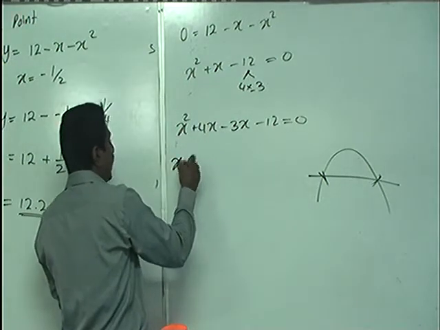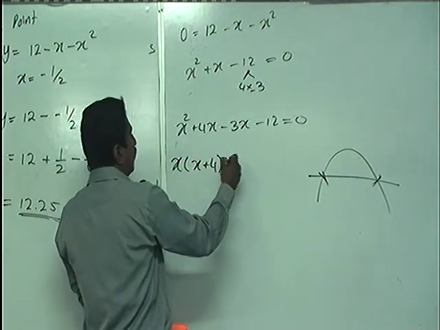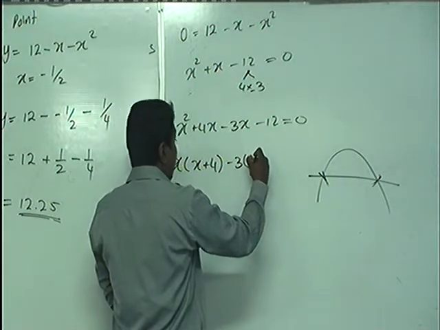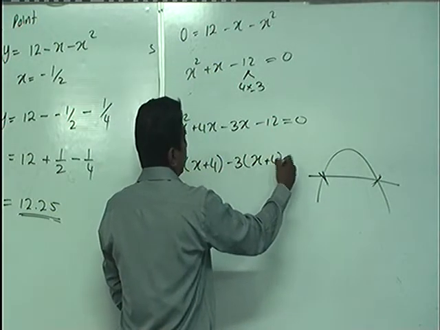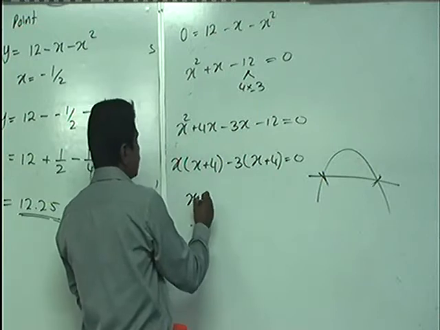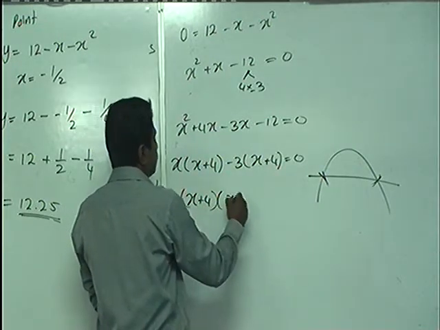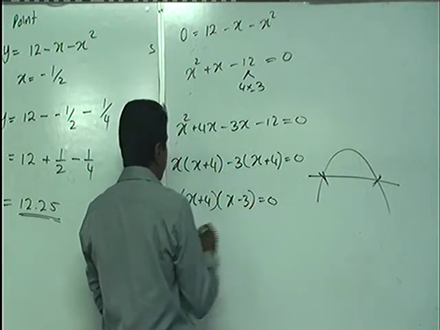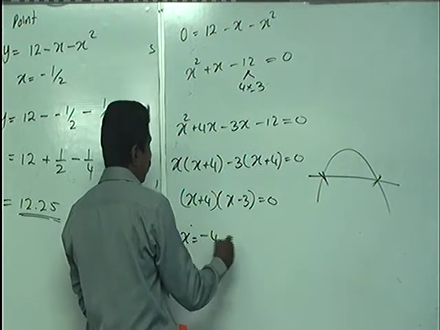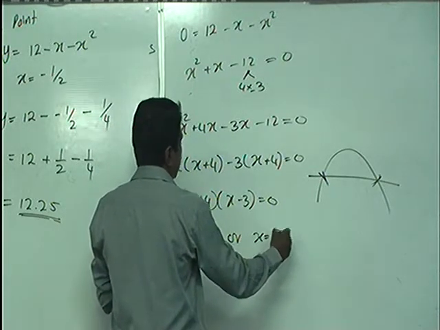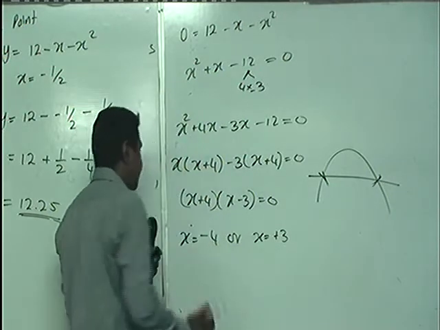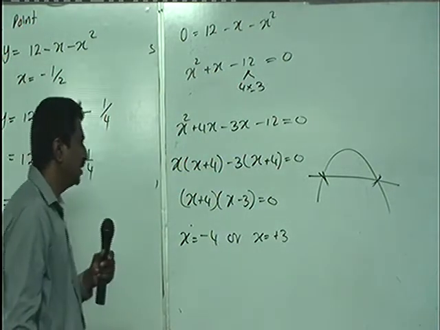From the first two terms take x as the common factor, and from the second two take minus 3. So x plus 4 times x minus 3 equals 0, so x equals minus 4 or x equals plus 3. The two points are x equals minus 4 and x equals 3.